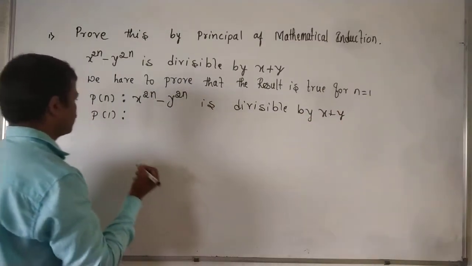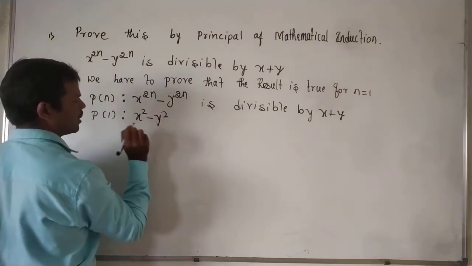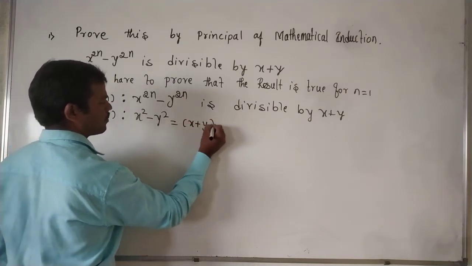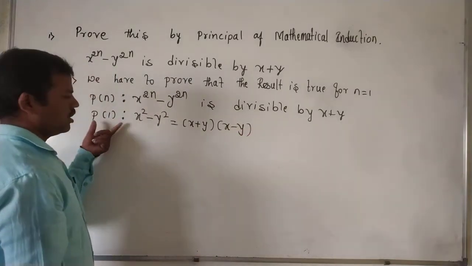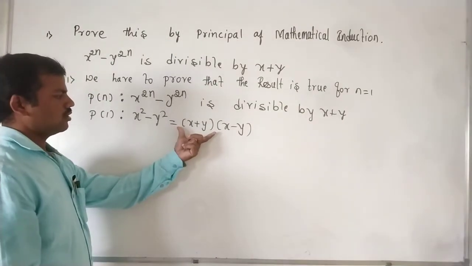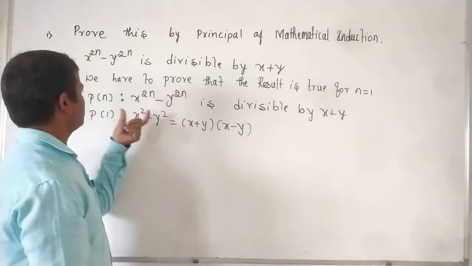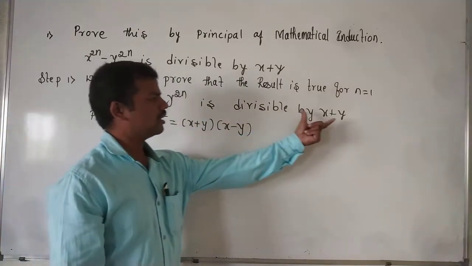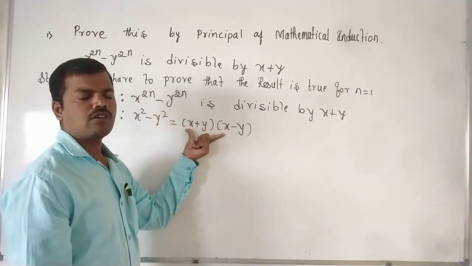P of 1 is x square minus y square, which is x plus y into x minus y. If we get a multiple of any number, then we can easily say the number is divisible by that number. So here for n equal to 1, the given result is divisible by x plus y, because it is a multiple of x plus y.